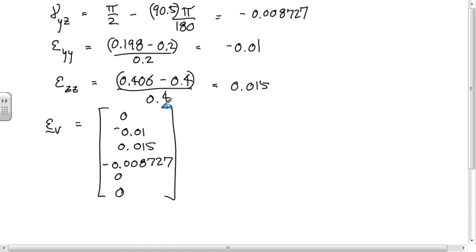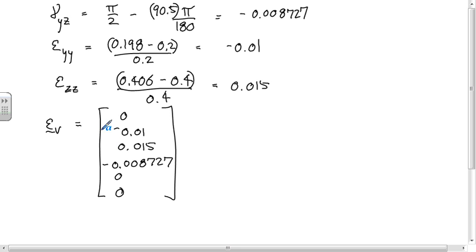Okay, so now to get the stress, we know we're going to multiply this by either the stiffness matrix or the compliance matrix. How do you know which one? Well, I think the way to remember is these numbers are little, right? We know the stresses are almost always going to be really big. The strains are almost always going to be really small.